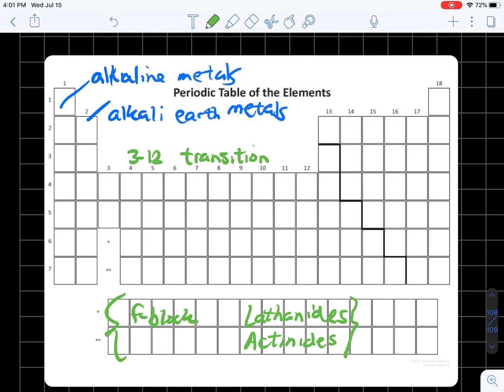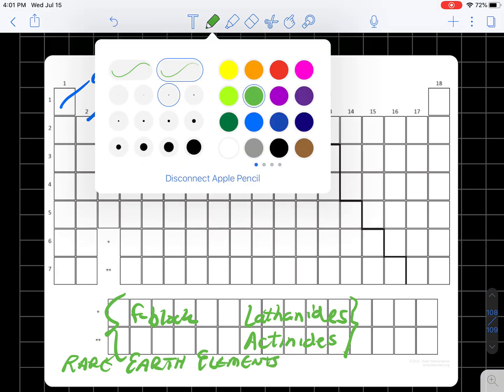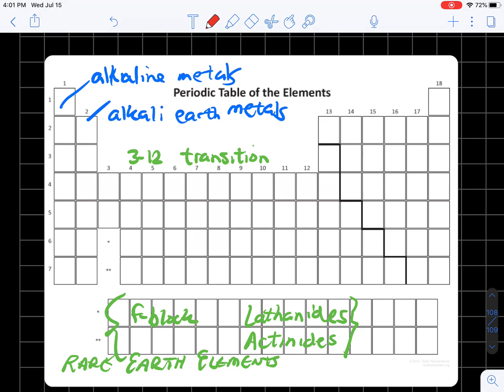We're going to collectively call them rare earth elements. Alright, some of them do not have special names. Group 13, for instance, starts with boron, and they just call group 13 the boron group.